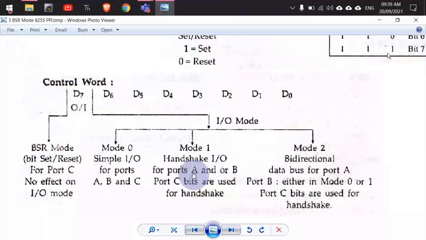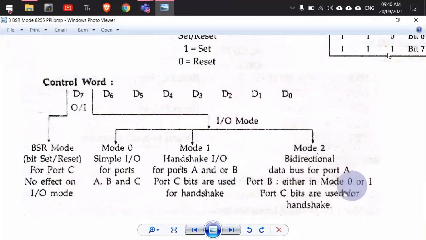On that note, port A and port B in mode number 1 are of a similar kind. We have to fix whether you are going to use port A as an input port or as an output port. Same goes for port B also. So it's a unidirectional port. A and B will be functioning as unidirectional ports, and in which direction they will be functioning is decided at the beginning of the operation, beginning of the interfacing procedure, right? So that is fixed once for all.